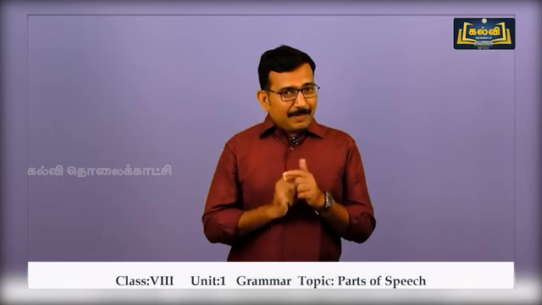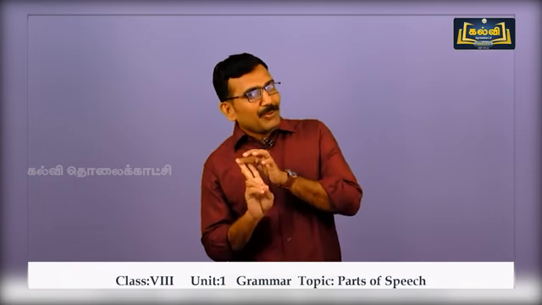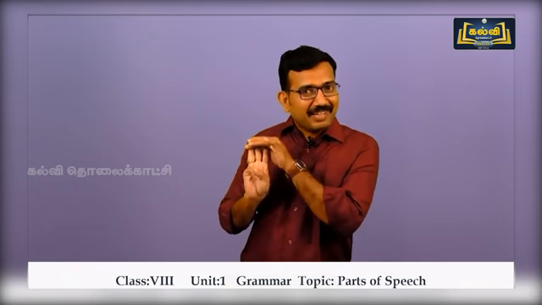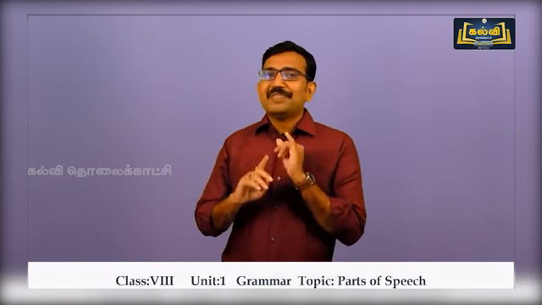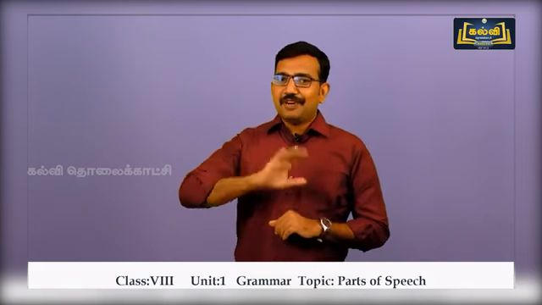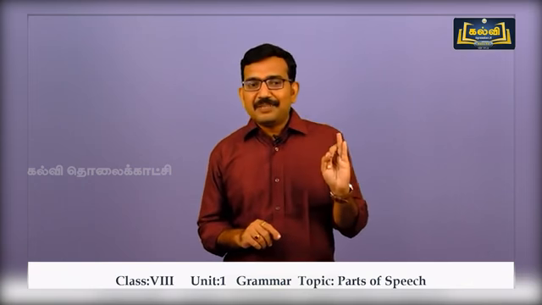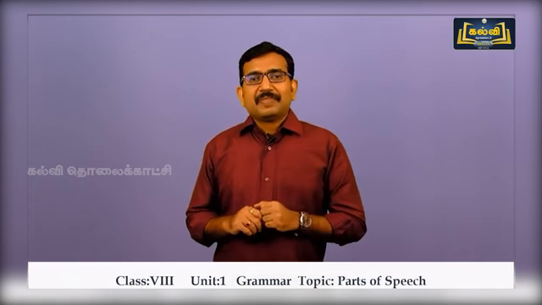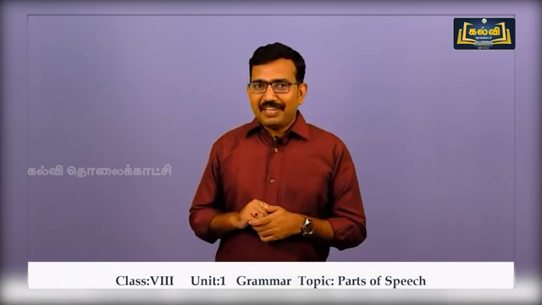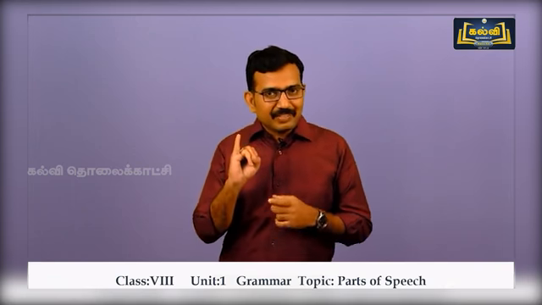You're going to tell me what is the first one? Noun. Number 2, pronoun. Number 3, adjective. Number 4, verb. Number 5, adverb. Number 6, conjunction. Number 7, preposition. Number 8, interjection. So I'm going to show you only fingers and you're going to tell me. Number 1, yes.